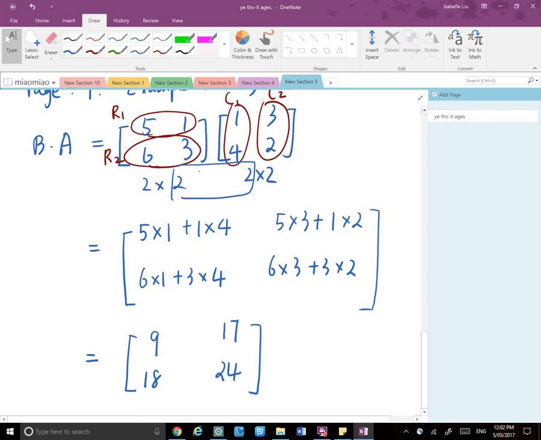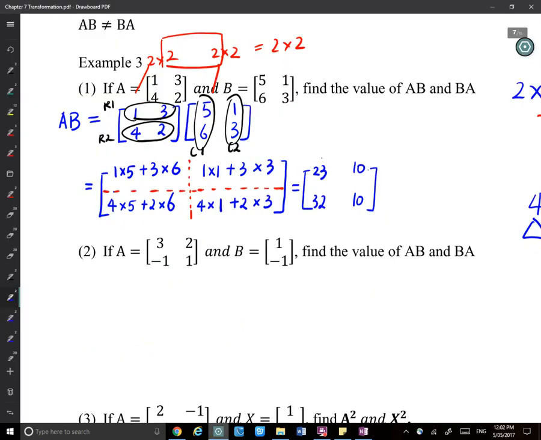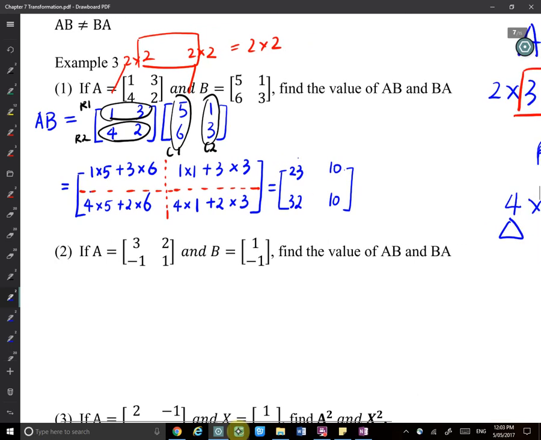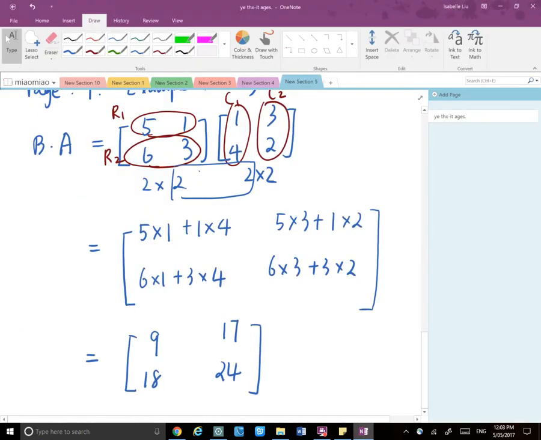B times A is that result. A times B is that result. They are totally different. There's no connections at all. So A times B is different from B times A. Okay, that's your B times A.